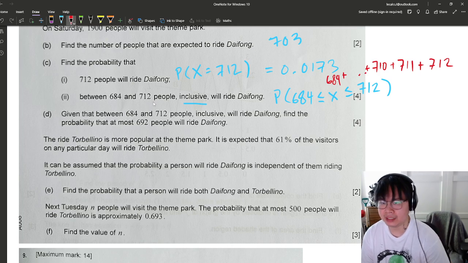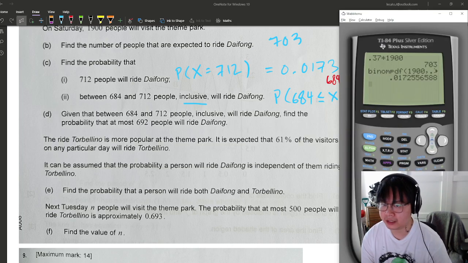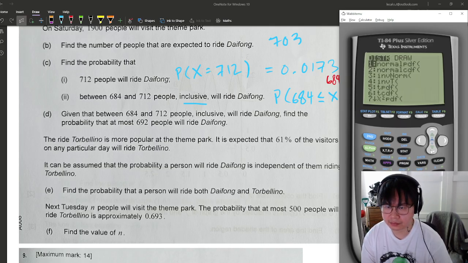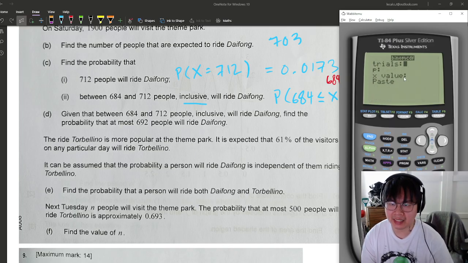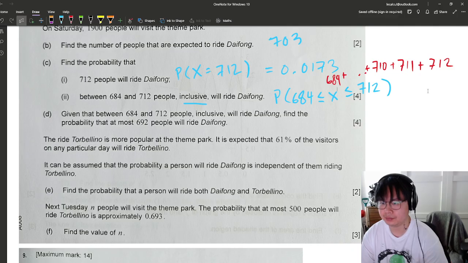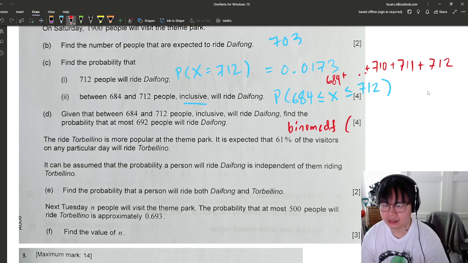Okay, so what I'm going to do, just because of my GDC, this is a cumulative, and my cumulative only has one X value. It will only tell me the upper boundary. My binomial cumulative distribution function will only tell me up to a certain amount, inclusive.